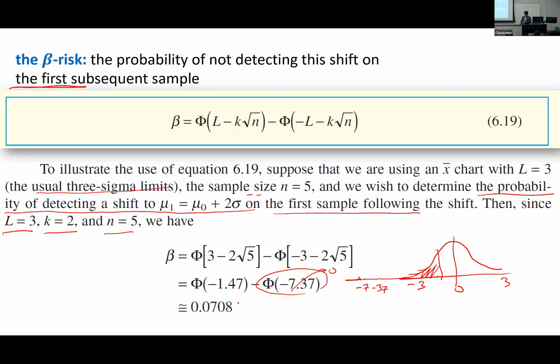So 0.078. There is a 7% chance that the diameter of the O-ring increases from 74 to 75.8 in this example, and the first sample that you take, you will not be able to notice. Let's say you take samples every day. It happened: you took a sample, it fell within limits, you thought everything's okay.